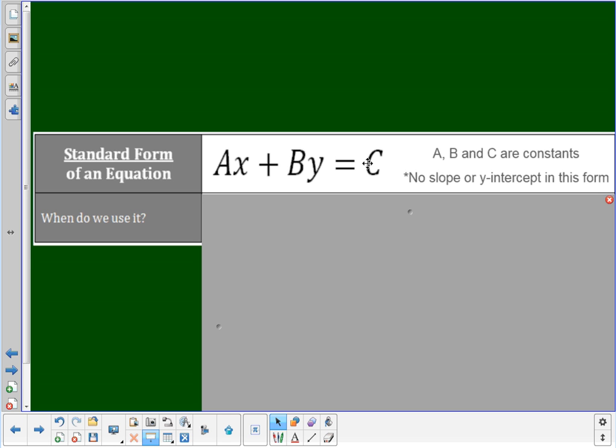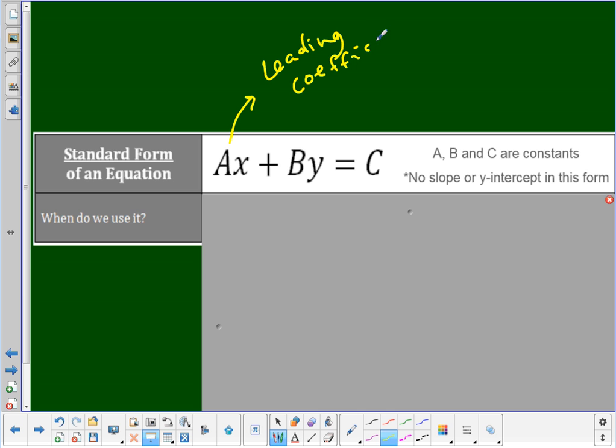So now what we're going to do with this form of an equation is make sure that this leading coefficient is positive.